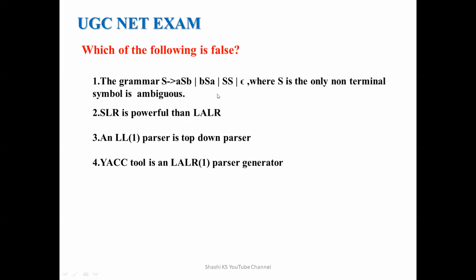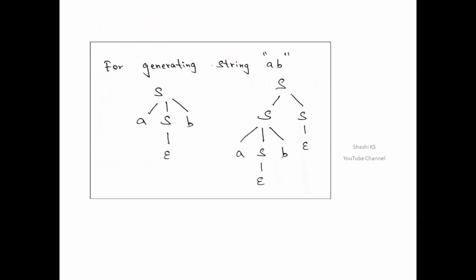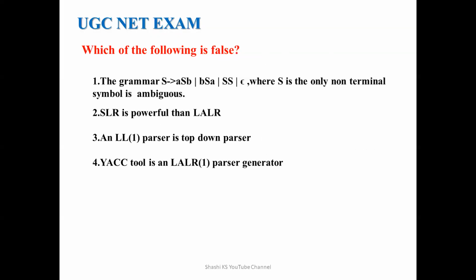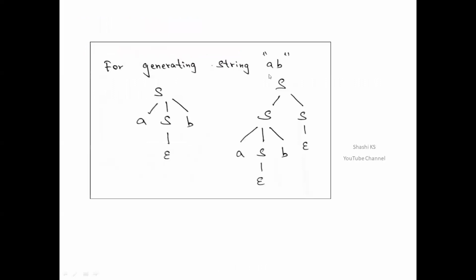Okay, it says that this grammar is ambiguous. So I have written that grammar here. S derives ASB, S derives SS, and S derives epsilon. I've just taken the string AB. For the string AB, I can generate a parse tree like this. S derives ASB and then from S I can derive epsilon and I'll be getting the string AB.